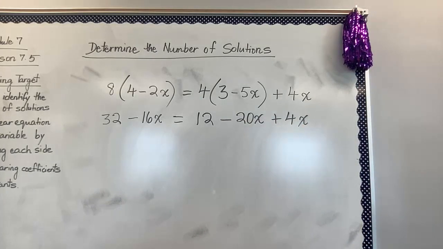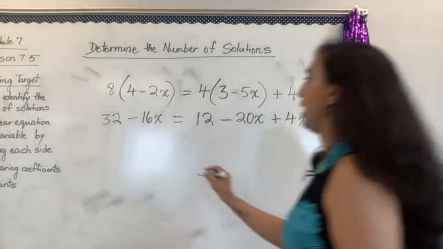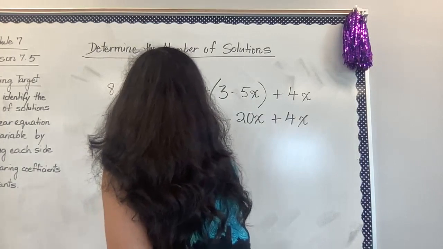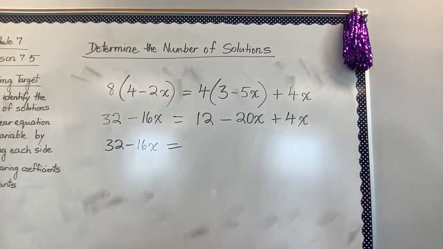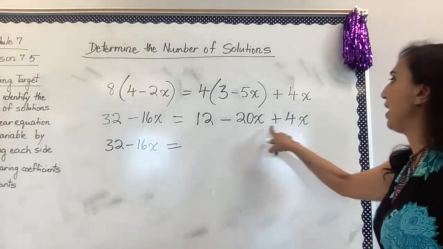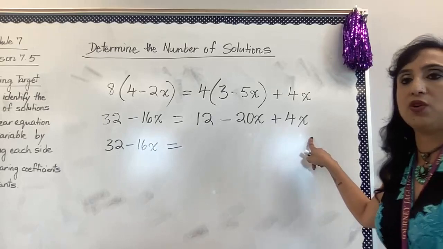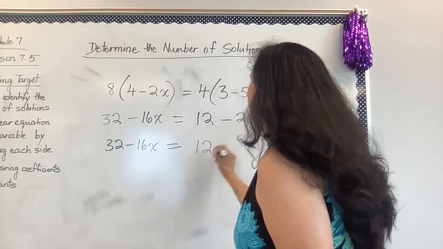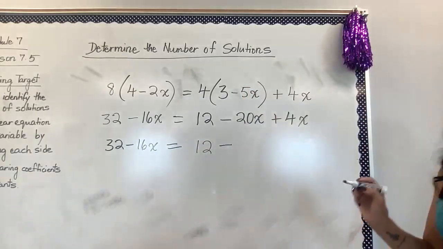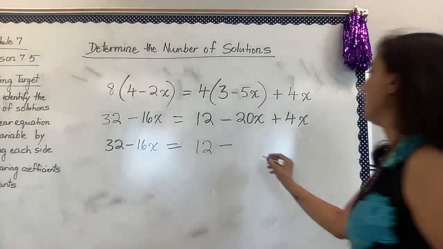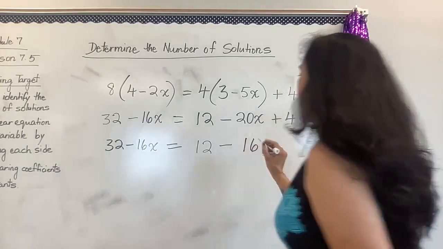And then I'm going to combine the like terms, and I get 32 minus 16x is equal to, then let's see what the like terms are over here. I have opposite signs. I have minus 20x plus 4x. So I subtract 4 from 20, and I'm going to get 12 minus 16x.